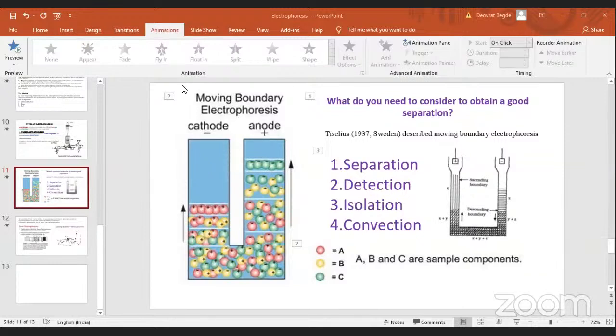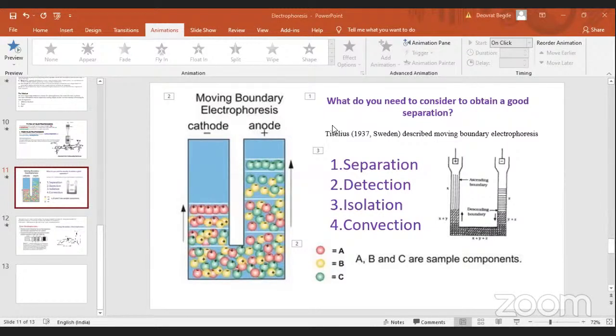Let's go back into understanding the electrophoresis development phases. Like we found out in the last few classes, how the transition of electrophoresis happened from a type referred to as free electrophoresis.